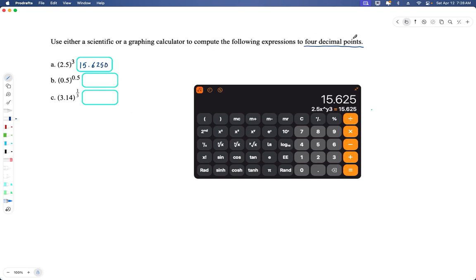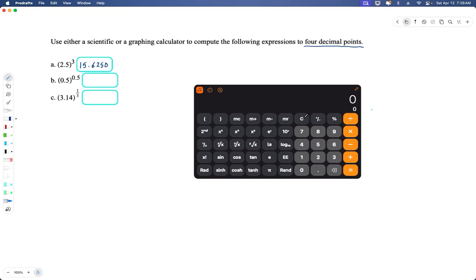So make sure you follow your directions whenever you have to round to a certain decimal place. Look for it to tell you. If it doesn't tell you, you go to 2 places. But if it does tell you, you do that, okay? Remember, we've mentioned this before.